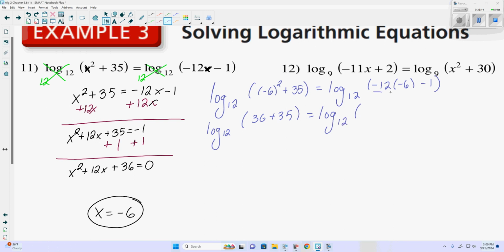On the right-hand side, we have negative 12 times negative 6, which is going to be positive 72 minus 1. And it would tell us that log base 12 of 71 is indeed equal to log base 12 of 71. It does work. Questions on this here?